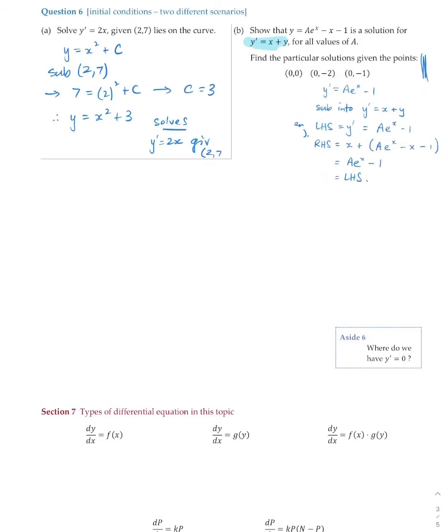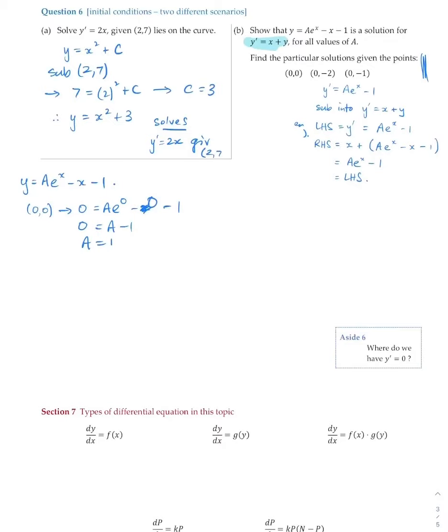I'm starting with y equals a e to the x minus 1. When I put 0, 0 in, I've got 0 equals a e to the 0 minus 0 minus 1. And a e to the 0 is a. So 0 equals a minus 1, and so a equals 1.